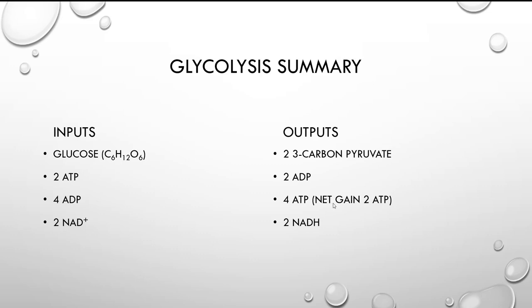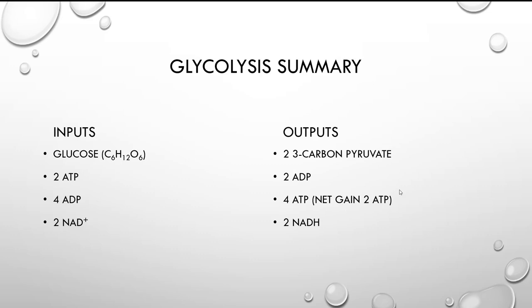At the end of glycolysis, that 6-carbon chain got split into 2 3-carbon molecules, which we call pyruvate. So we have 2 pyruvate molecules. That 2 ATP became 2 ADP, okay? That 4 ADP became 4 ATP.